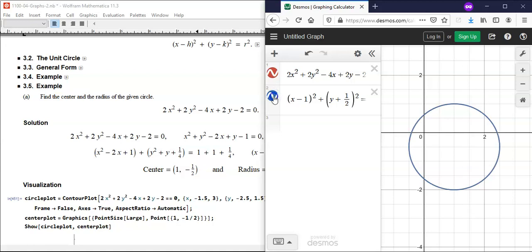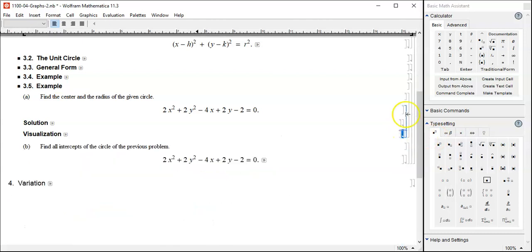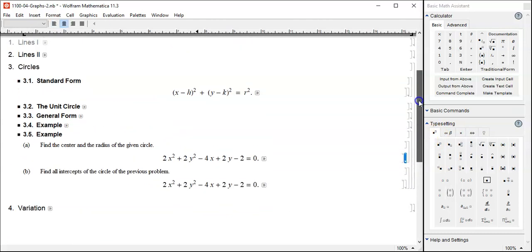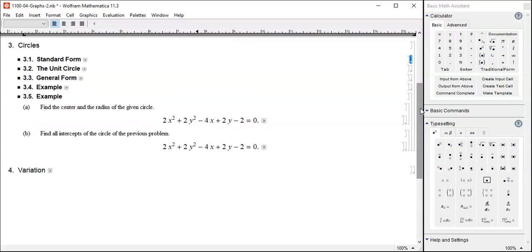You can clearly see those two are identical. Remove blue, add in blue. So using technology, you can check. Okay, so much for completing the square, changing this general form into standard form.